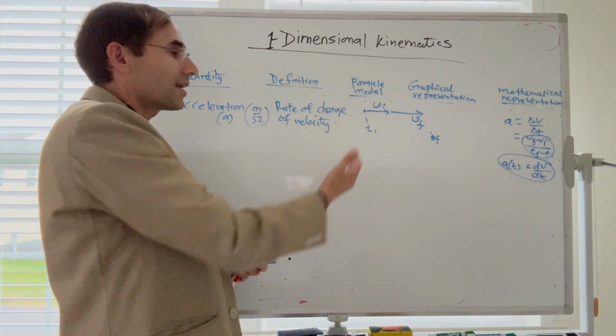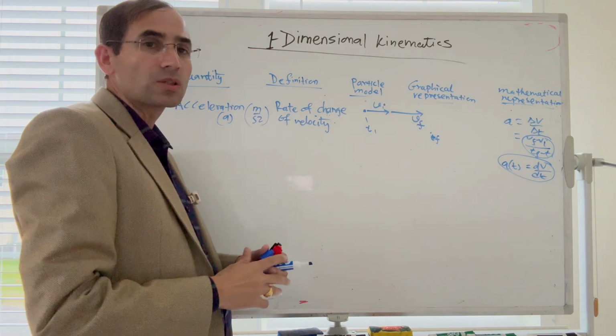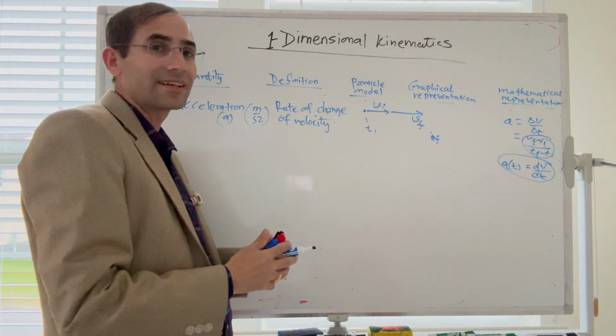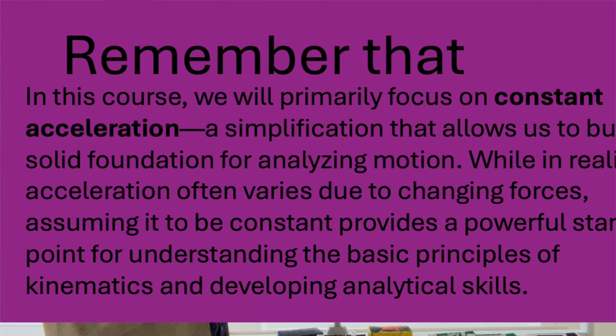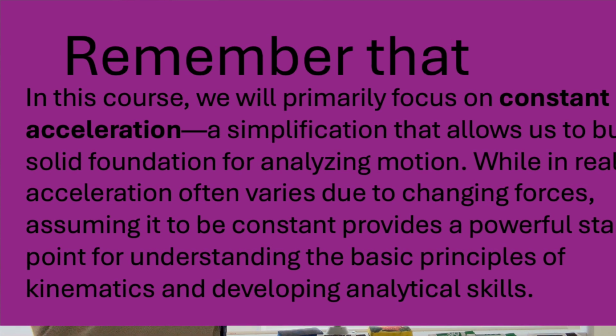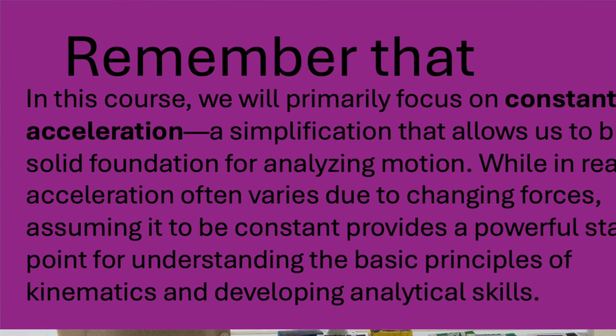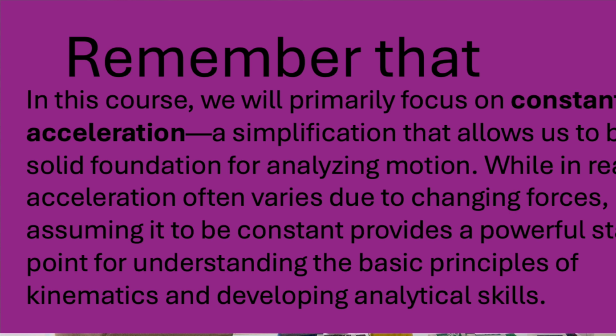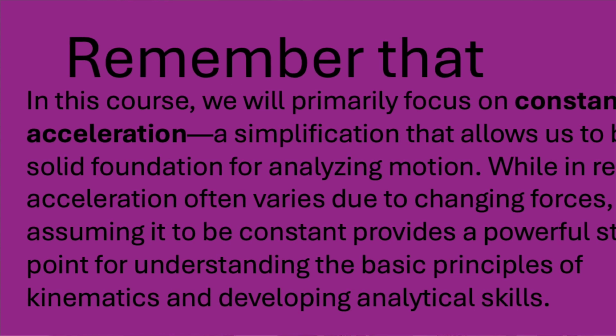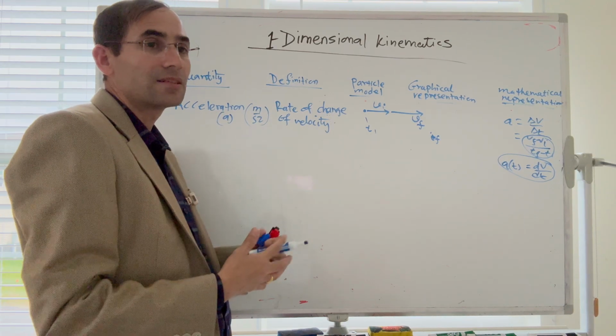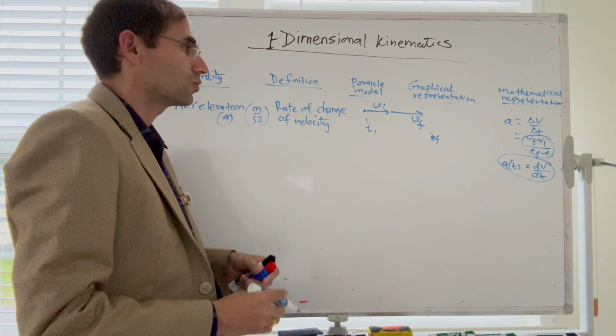Most of the time in this course we will be dealing with constant acceleration, but in daily life, acceleration often changes. Most of the problems we will face are related to the constant acceleration situation.